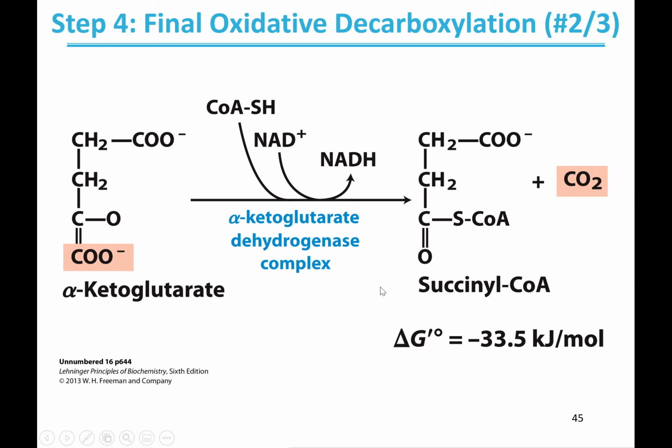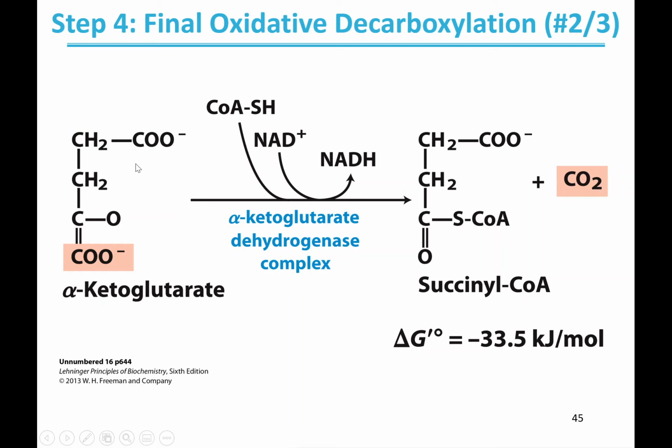This reaction is carried out by a complex known as the alpha-ketoglutarate dehydrogenase complex. And this is very similar, in fact the exact same mechanism, as the pyruvate dehydrogenase complex. The only difference is the active site is specific for alpha-ketoglutarate instead of pyruvate.